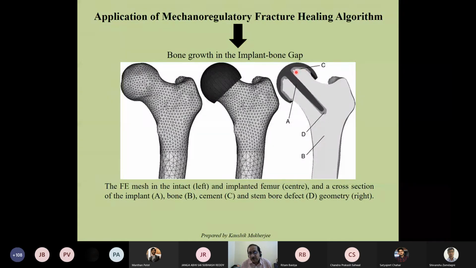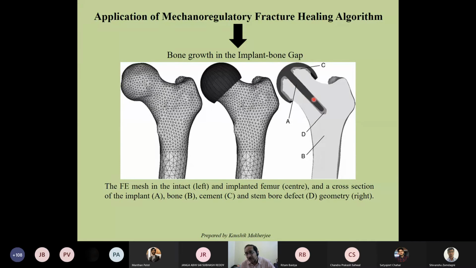And before you insert this implant, you need to ream a hole. An over-reamed hole is first drilled into this bone, which serves as a guide, and this stem needs to be placed at a predefined angle inside the hole.